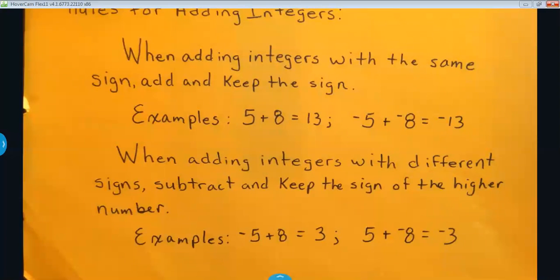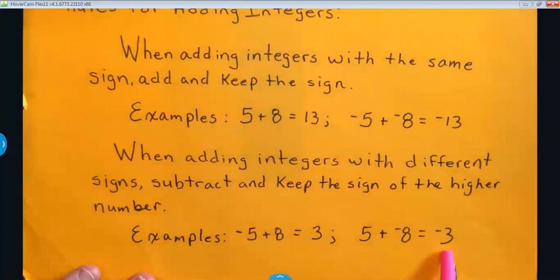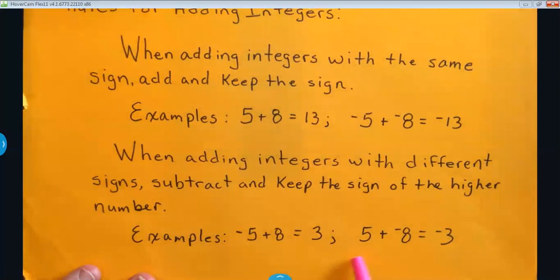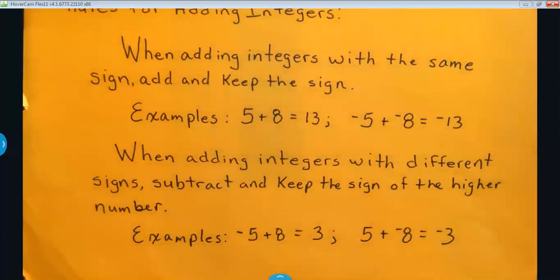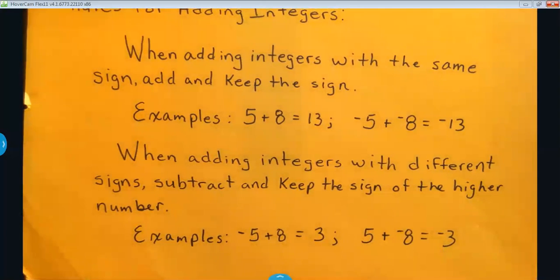The higher number is 8, it's positive, so my answer is positive. The second example, 5 plus -8 is equal to -3. I'm adding integers with different signs, a negative and a positive. So I subtract 8 minus 5 is 3. 8 is the higher number, its sign is negative. My answer would then be negative.